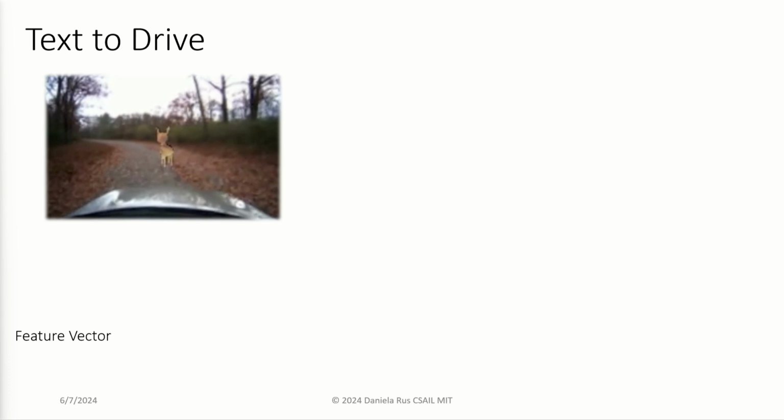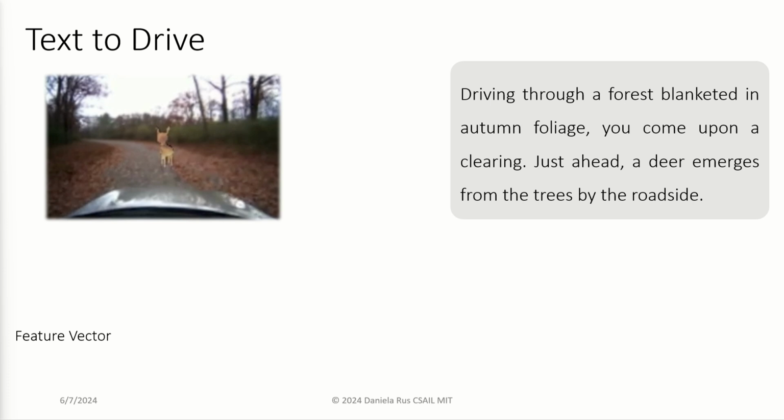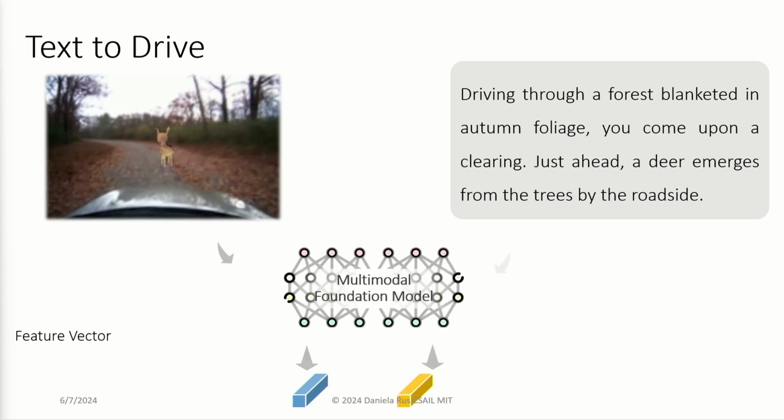So here's an example. Let's say we have an image of a country road with a deer in the middle of the road. We can augment this image with a textual description of what this image represents. And then we can build a foundational model that aligns the perceptual features of the image input with language features.